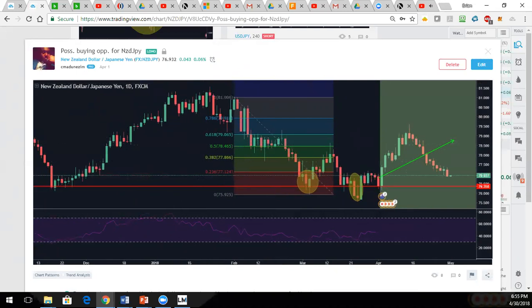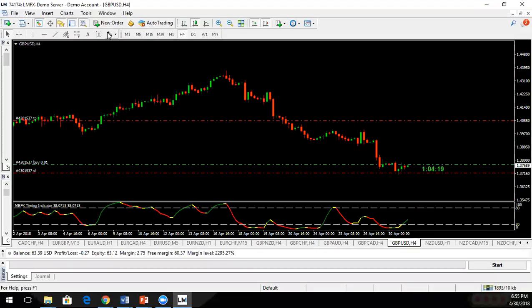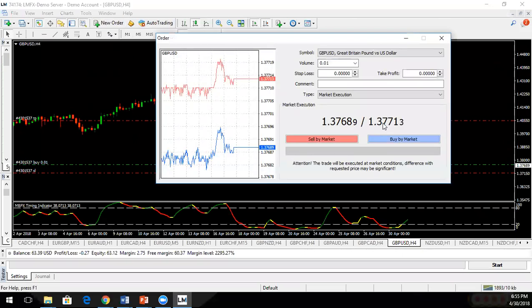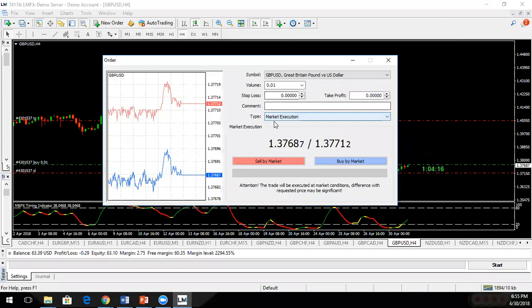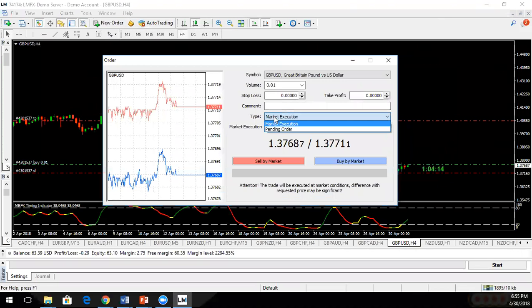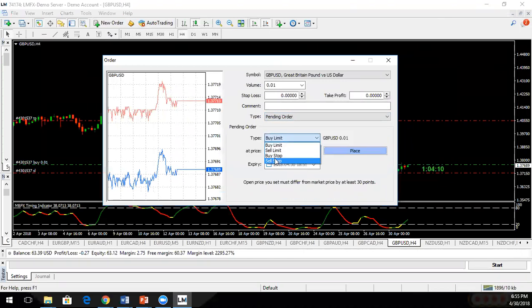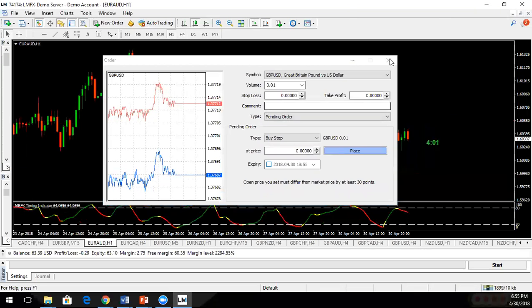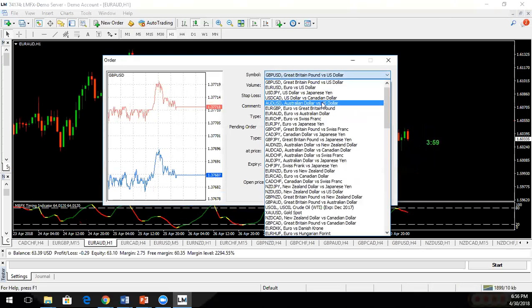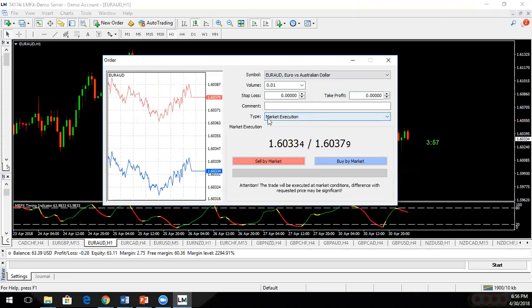Okay, and if you're making an order on MetaTrader 4, where it says market execution, you go to pending orders, and then go to buy stop. And so let's say that I want to put a buy stop on, matter of fact, let's do EA.